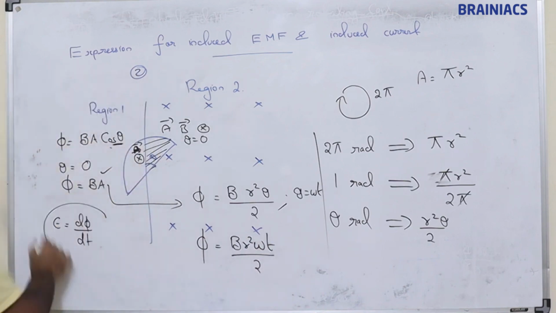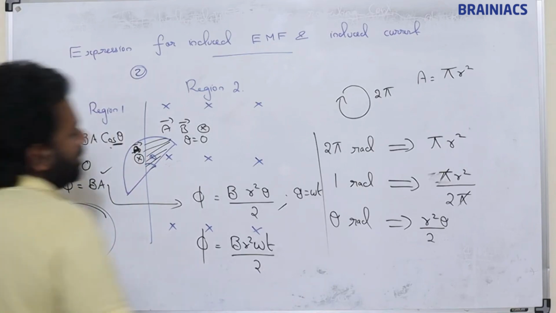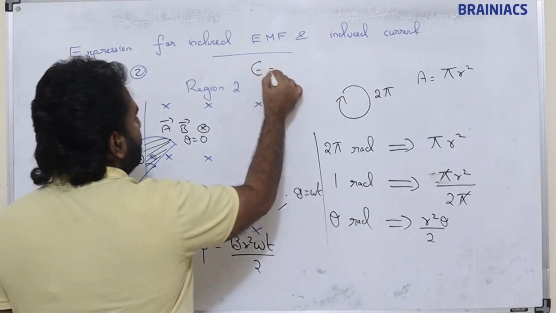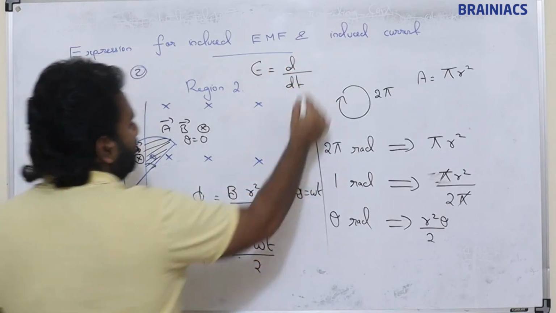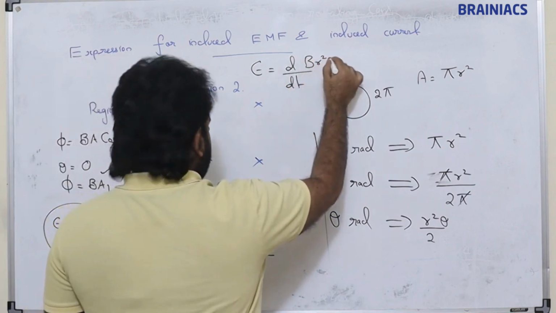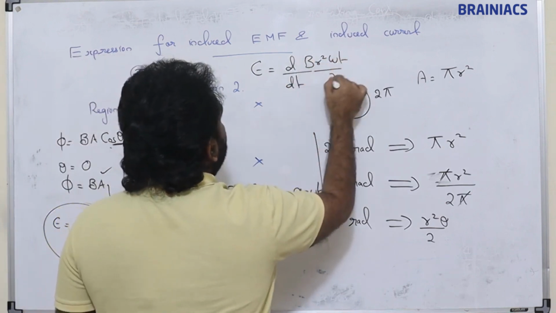Clear? Now if we put this, E is equal to d phi by dt, d by dt of B r square omega t by 2.